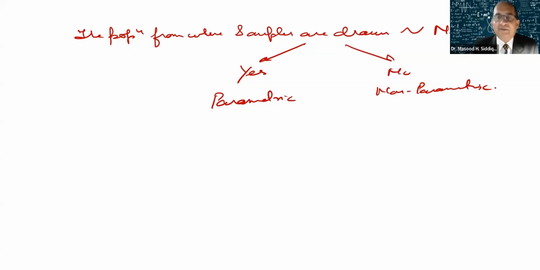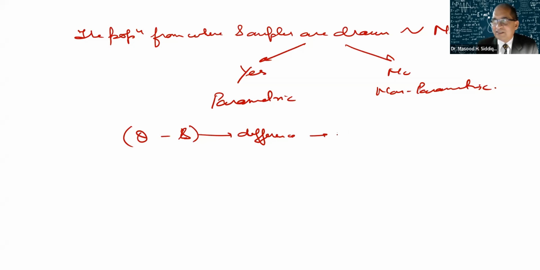Now, how can that be done? We have two values. One is the value of the population parameter, the other is the value of the sample statistic, denoted by T or S. We consider the difference.